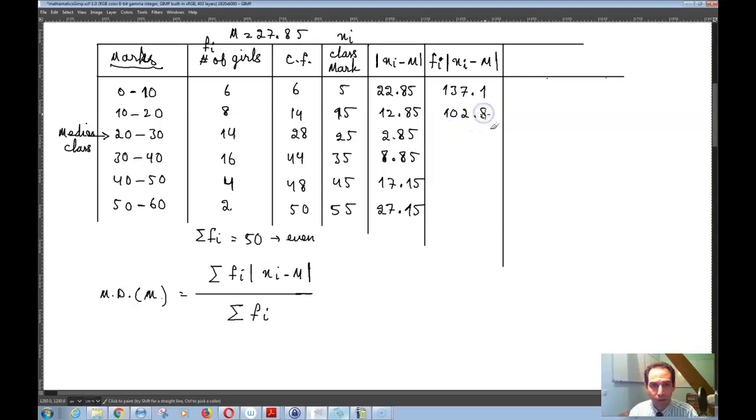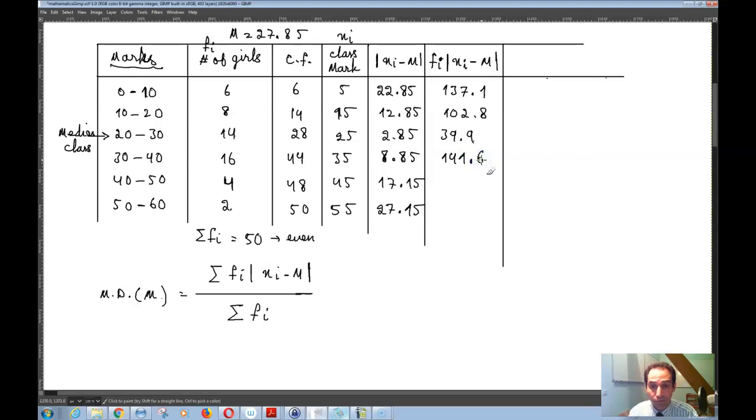Then 14 times 2.85 is 39.9. Then 16 times 8.85 is 141.6.